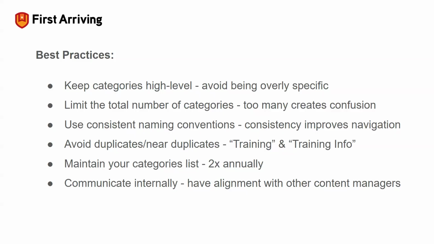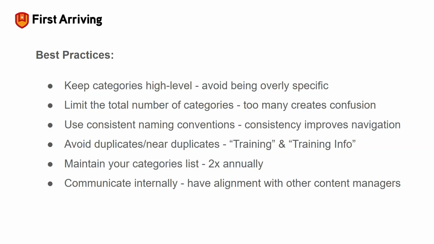Another one is to use consistent naming across the content types. Those standard naming conventions really help. So if you have a training category for announcements, use training for events as well as the documents. Consistency makes the platform easier to navigate for you and everybody else in your organization. Avoid duplicates and near duplicates.